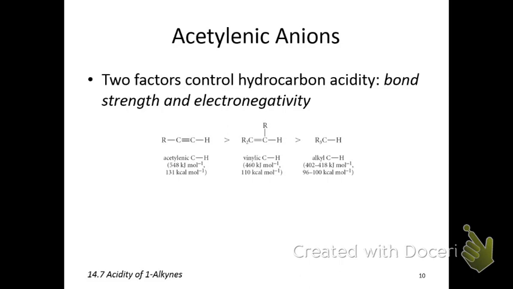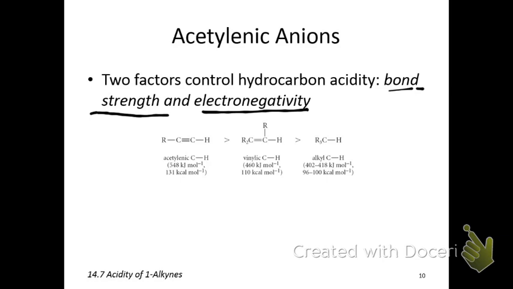When you try to think about the pKa value of a terminal alkyne, there are actually two factors involved. One of those is bond strength, and there's also electronegativity involved. Electronegativity helps to stabilize the anion that's generated, but bond strength talks about how strong the hydrogen is held to the carbon.